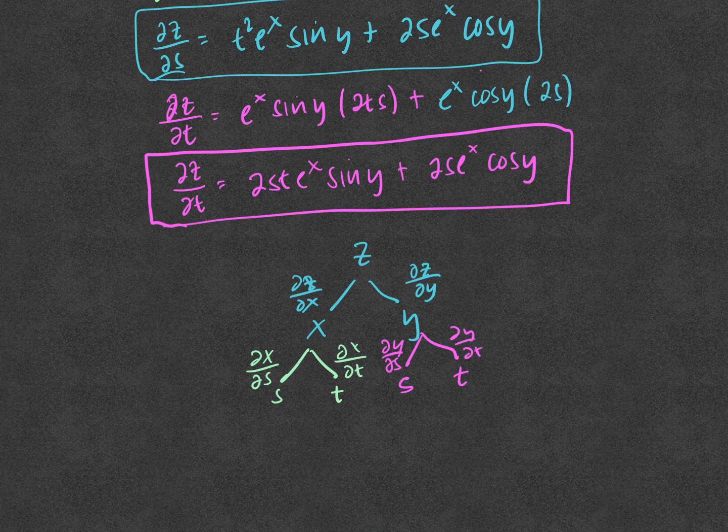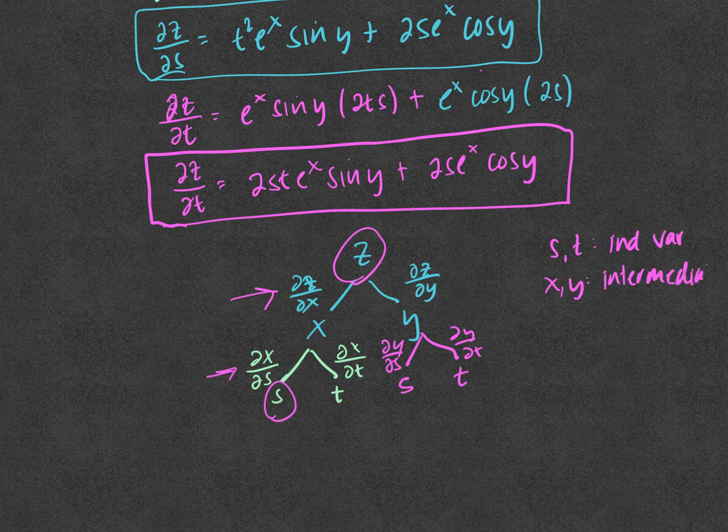So if you draw a tree diagram, it will help you to find all of your chain rule pieces. You can follow the branch down. So if you're finding the partial of z with respect to s, you're going to start with this one and then this one. So it makes sense. s and t are your independent variables, which we're used to, but x and y are now called your intermediate variables.